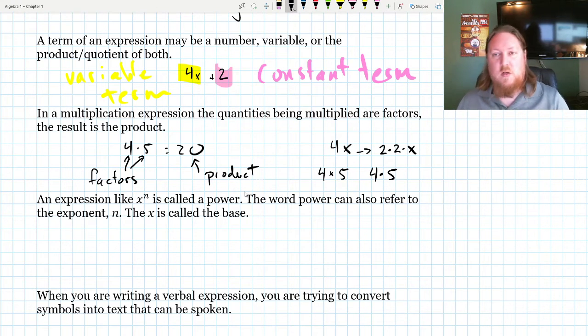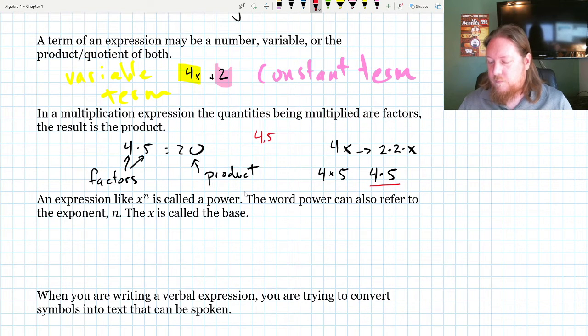We start using that one in algebra a lot because the x is often a variable, so we don't want to confuse, am I multiplying or is it a variable? So we use a dot instead. Notice how it's not at the bottom. Like this represents 4 times 5. 4.5 is a constant term. It is just a specific number, 4.5. So you have to be very careful to make sure that your dot is in the middle.